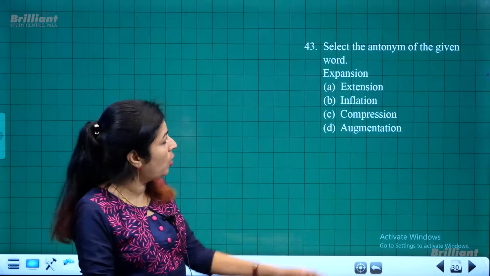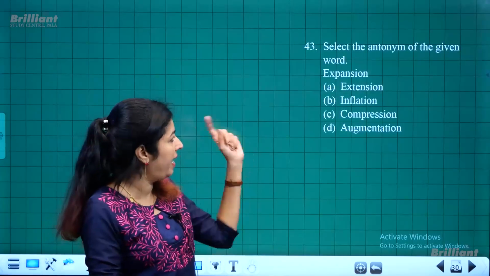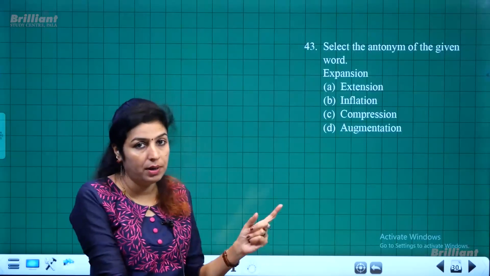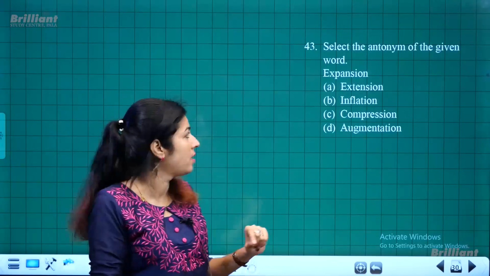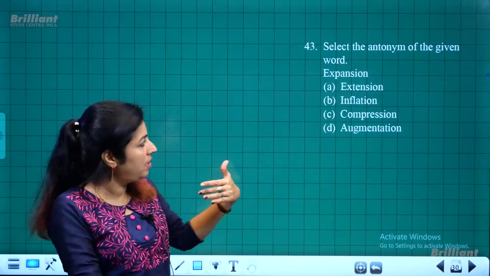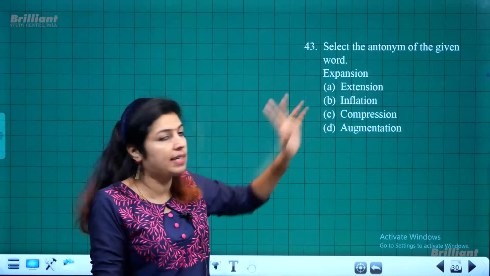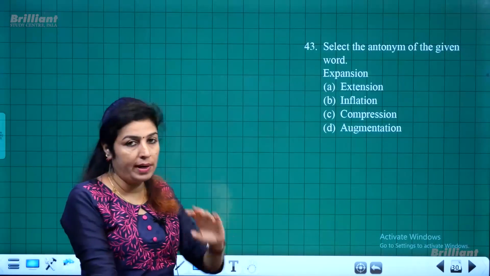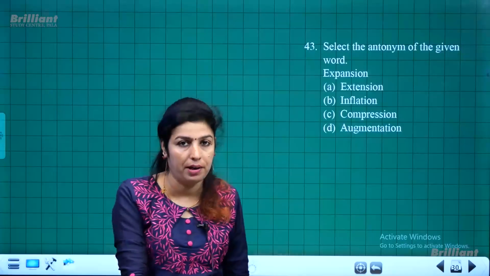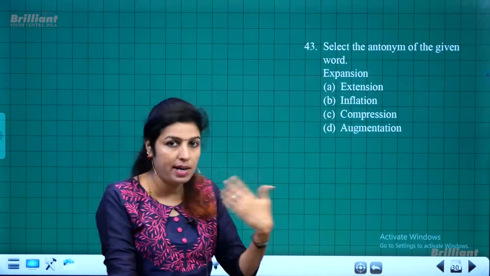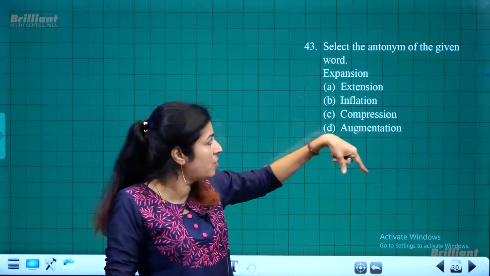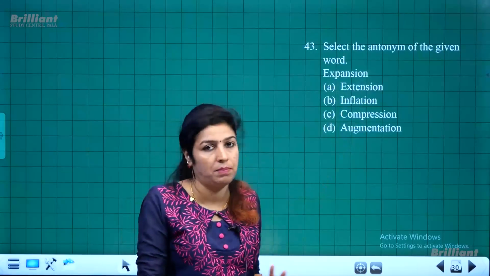Select the antonym or opposite of the given word. Expansion. You need to find out not the synonym but the antonym, meaning opposite. Extension also means expansion. You expand something means you extend something. You make something big. So extension actually is a synonym and we are asked to find the antonym, not the synonym.